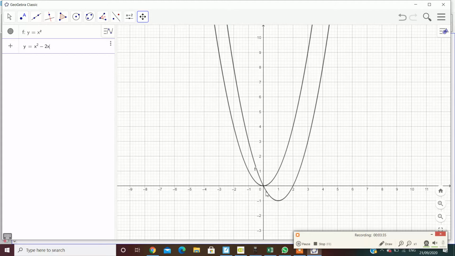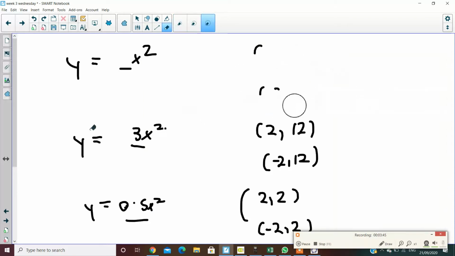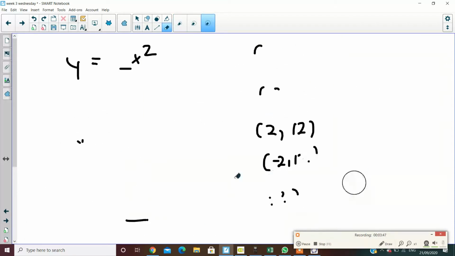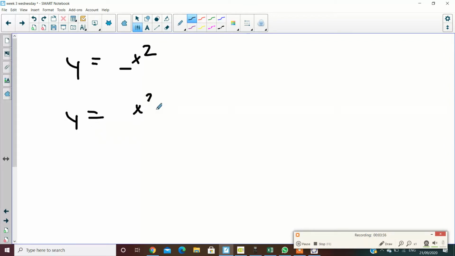But let's examine why that happens. Okay, so if you go to your board once again, and you have y equals x squared versus y equals x squared minus 2. Oh, sorry, x squared minus 2x. We can see that 0, 0 is a point on this one, couldn't we?